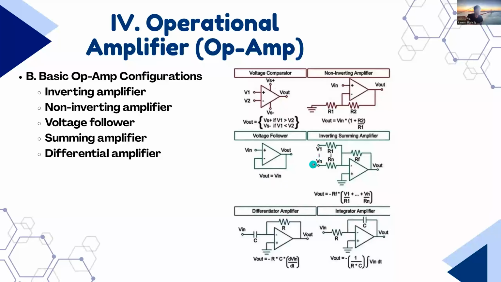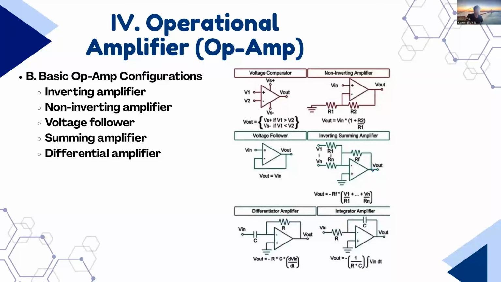Then the summing amplifier. Multiple input channels are connected via separate resistors, R1, R2, up to RN, into the inverting node. The circuit scales and adds the input voltages together into a single combined output signal.